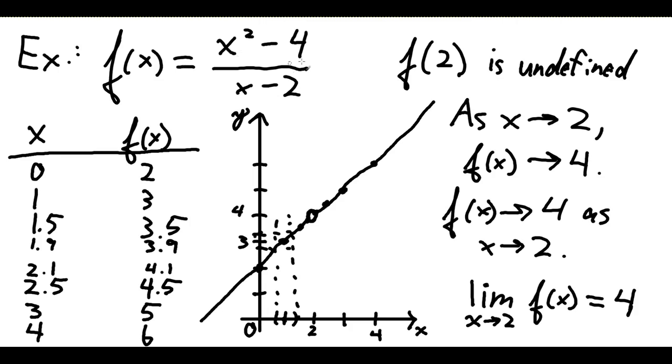Maybe f of x is equal to this when x is not equal to 2, and then when x is equal to 2, I could say f of x equals 5. Then its graph would have this isolated point separated from the rest of it, and f of 2 would equal 5, but that would not change the fact that the limit of f of x as x approaches 2 is equal to 4. When evaluating limits, sometimes it's useful to consider what the function itself is doing.